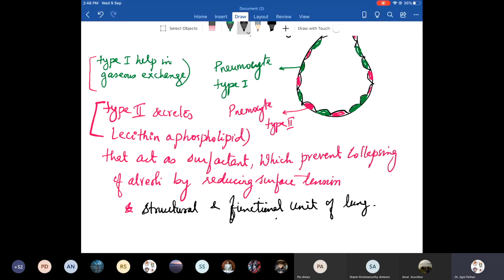How many? Very important: approximately 300 million alveoli in both lungs.